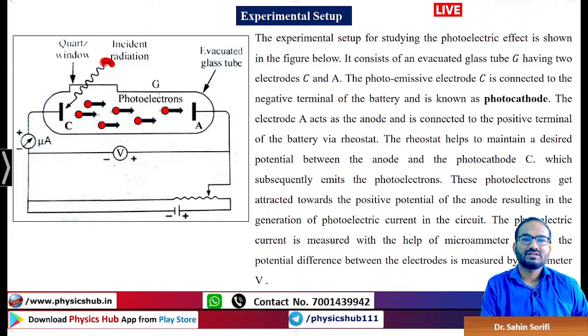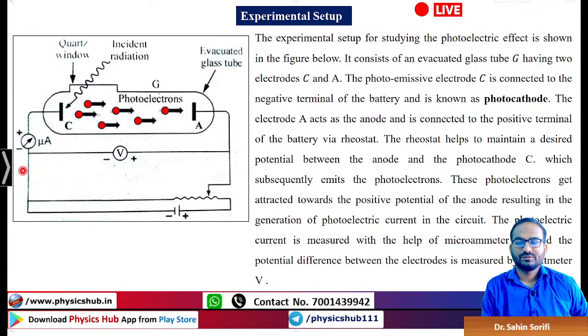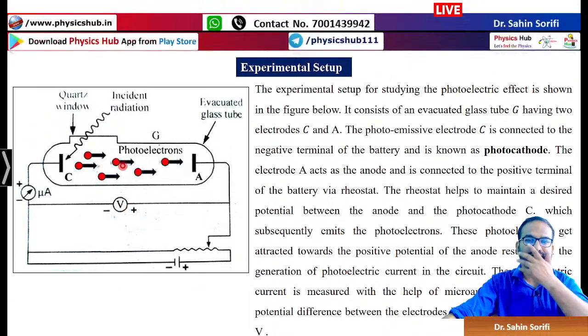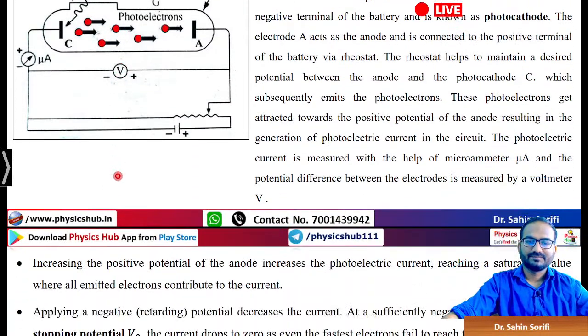Now, when the incident radiation falls on the photoemissive material, electrons will get ejected and attracted towards the anode, because this is negative, this is positive, and photoelectrons will be generated, and that will give you photocurrent, and with that help we can measure this photocurrent. So this is precisely the experimental setup.